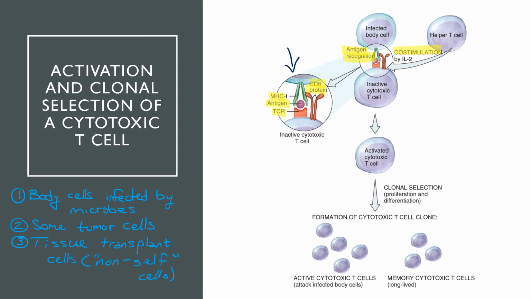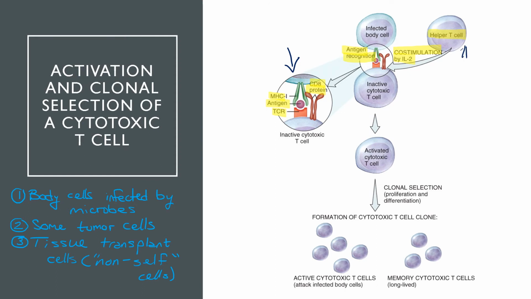Now, in order to become activated, cytotoxic T cells require co-stimulation by interleukin-2 or other cytokines produced by activated helper T cells that have already become bound to copies of the same antigen.